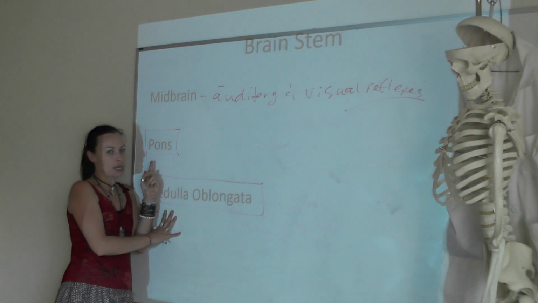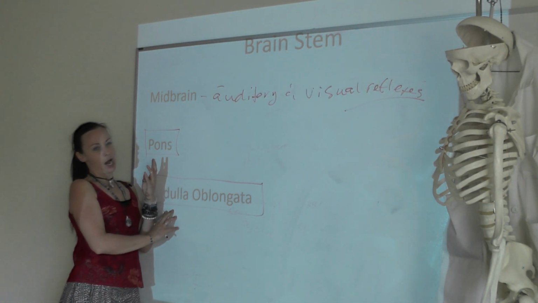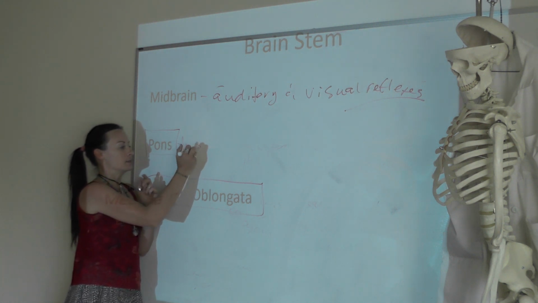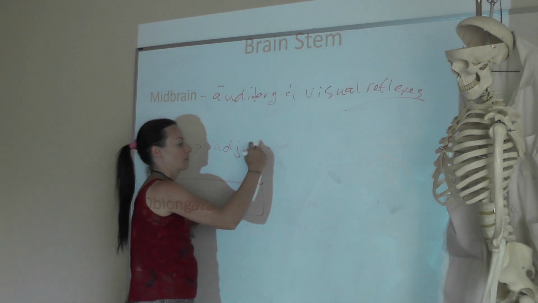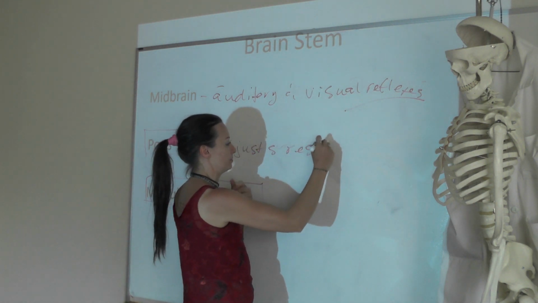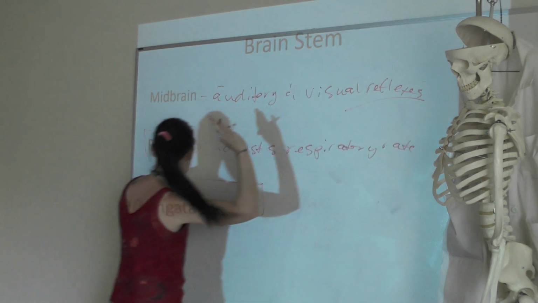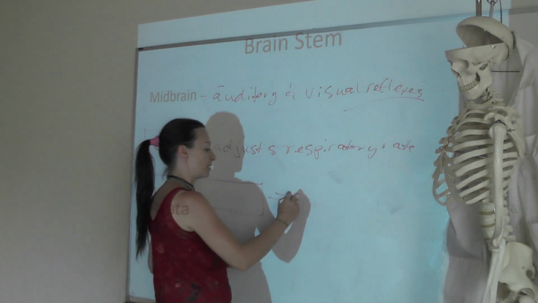If you want to adjust your respiratory rate to do something like sing, then your pons does that. So your pons, we could say a good function of that is it adjusts respiratory rate, makes other adjustments as well. That's the easiest one to track. Medulla oblongata will say sets our vital signs.